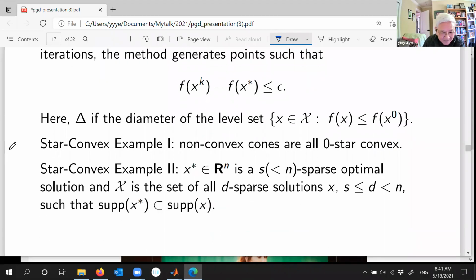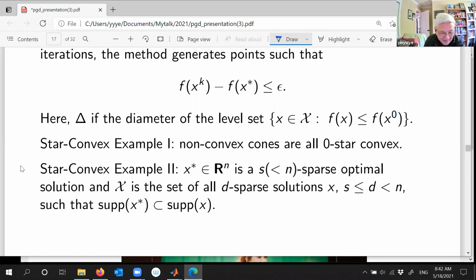Now we go back to what people studied in compressed sensing. So if you think of X star as the S sparse optimal solution for some kind of regression, then X is the set of all D sparse vectors. D actually could be greater than S, okay?